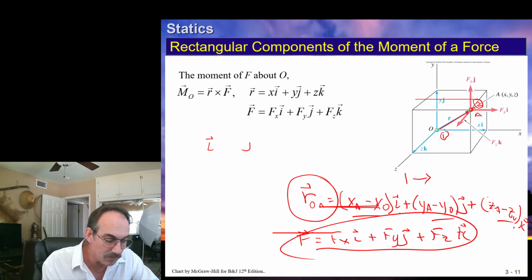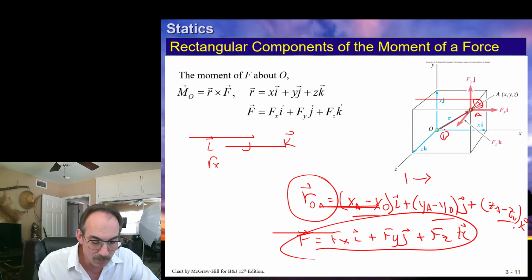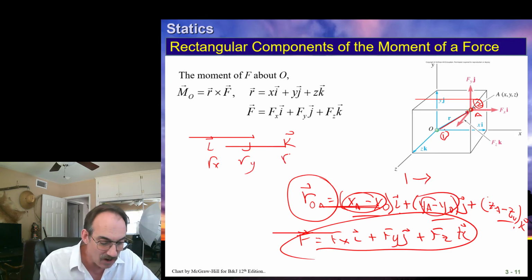You can do it by either of the methods I showed you in video 5A. This is the Rx component, the Ry component, the Rz component, and we have the Fx component, the Fy component, the Fz component.